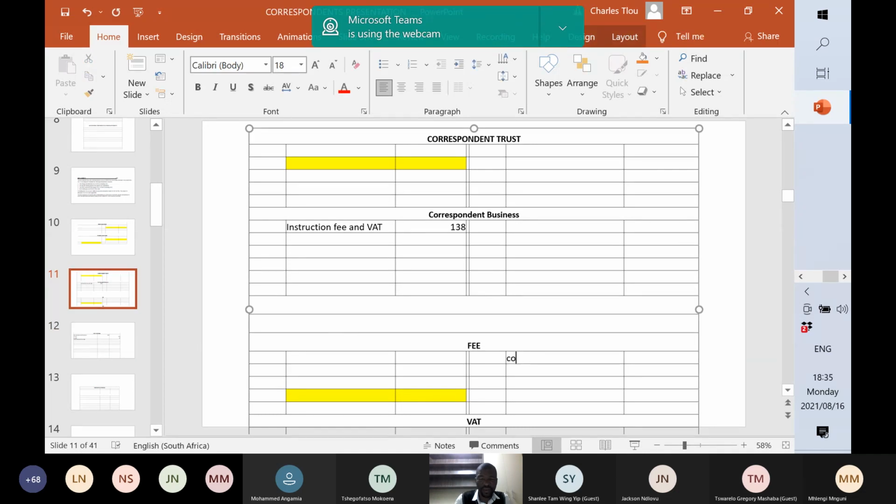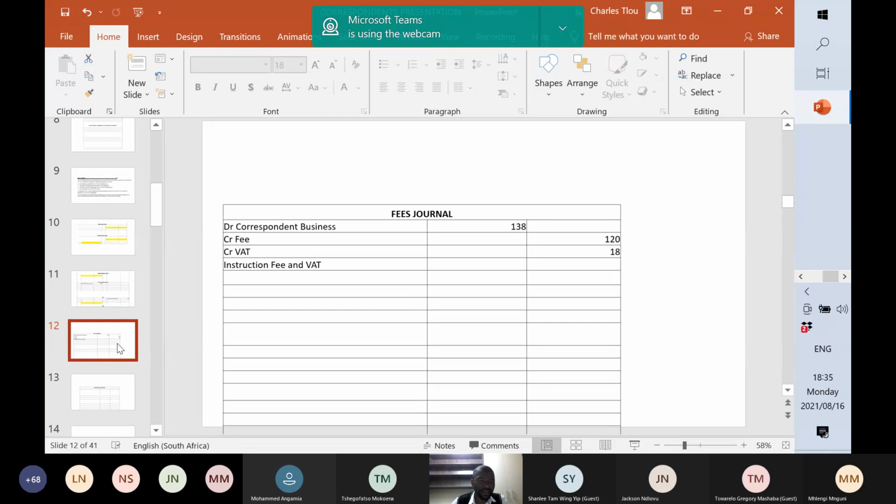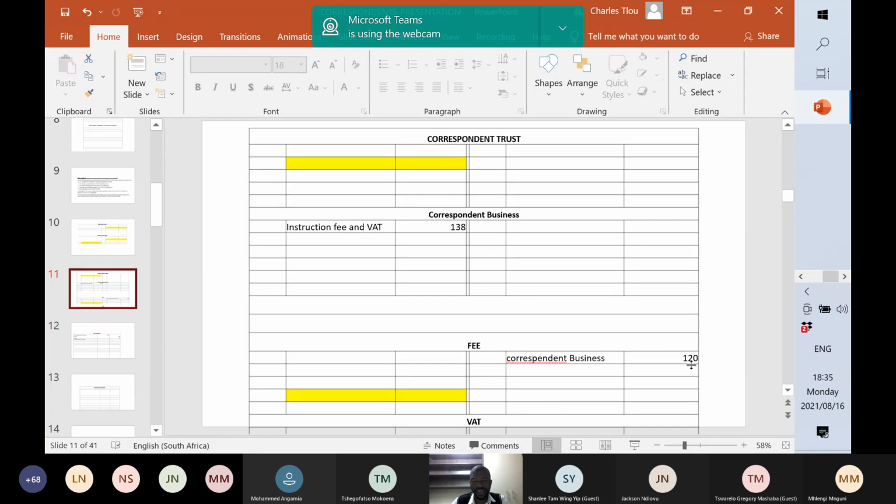And then that is correspondent. Then the fee there is 120. And then there again it says credit your VAT at 18 rands. And then you come here, this is your VAT which you are going to credit.